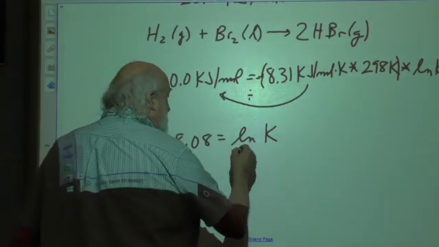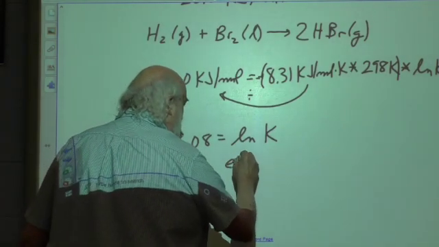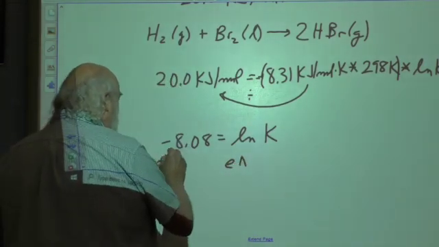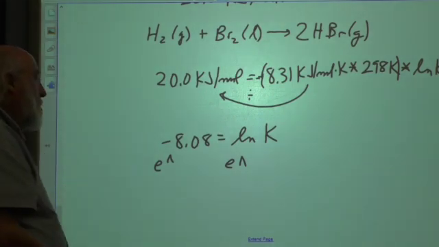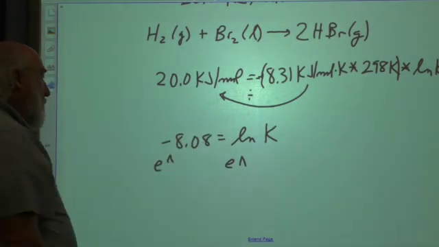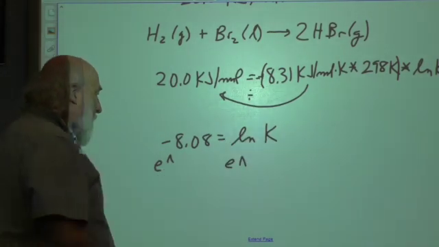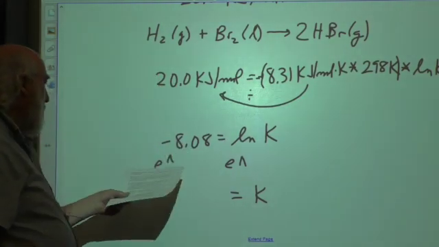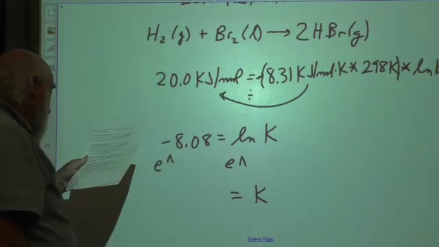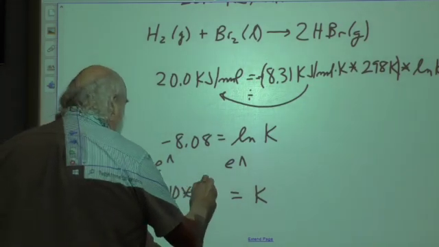And logarithm means exponent. So to get rid of that, we take e to both sides. The exponent of this, by definition, is K. And then we punch that into our calculator, and we get 3.10 times 10 to the negative 4.